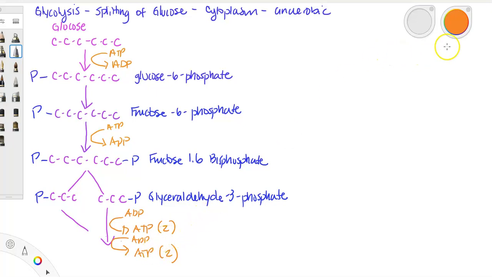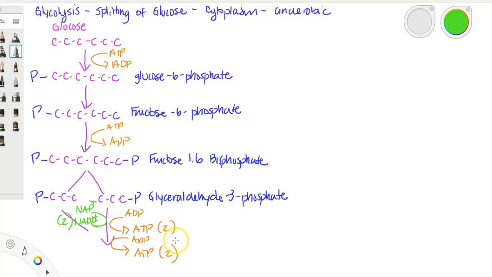Okay. We also have an NAD, and we end up with an NADH, and we end up with 2 of those. Okay, so we ended up with 4 ATP and 2 NADHs, 2 high energy electron carriers.